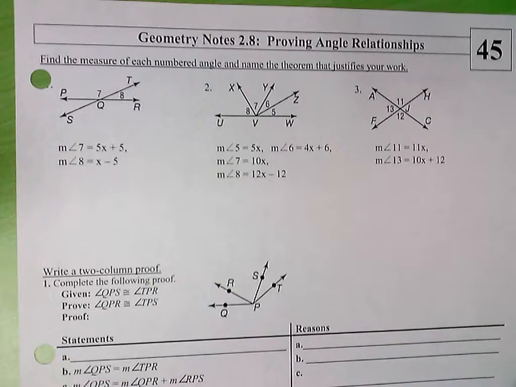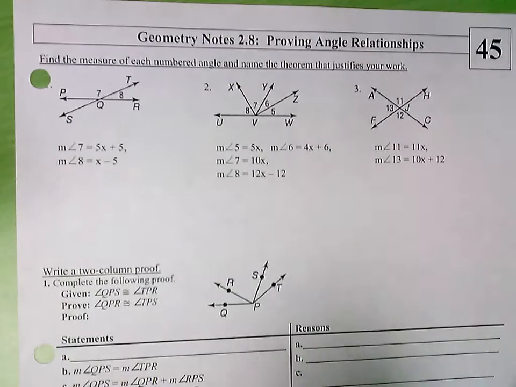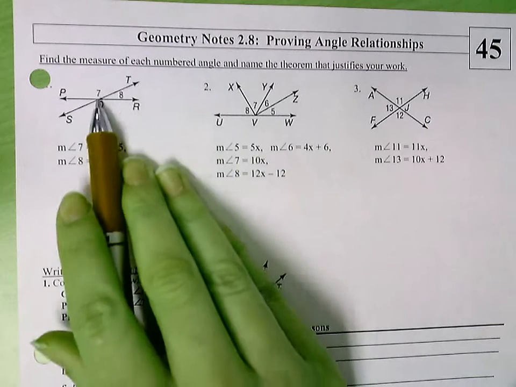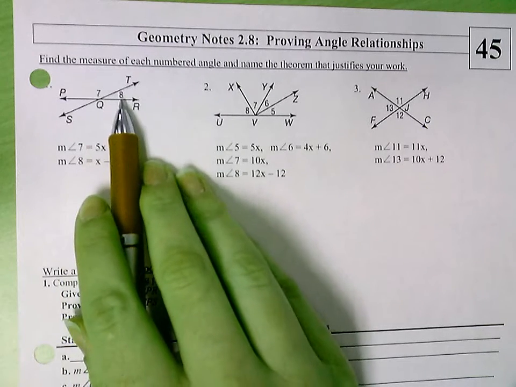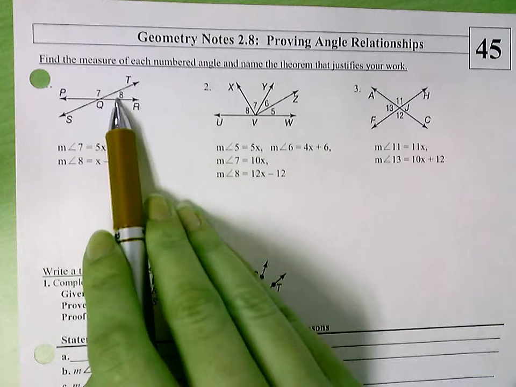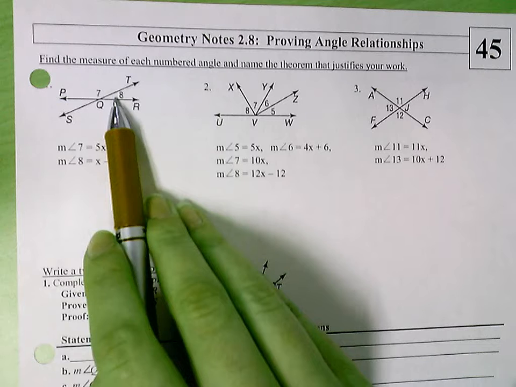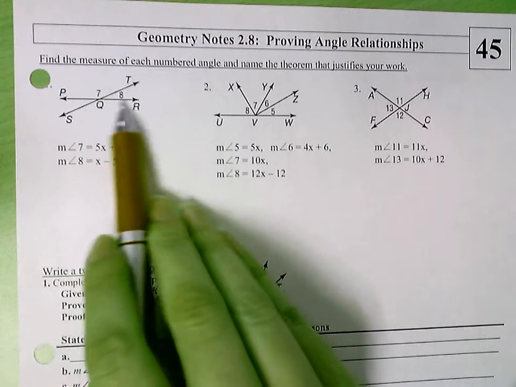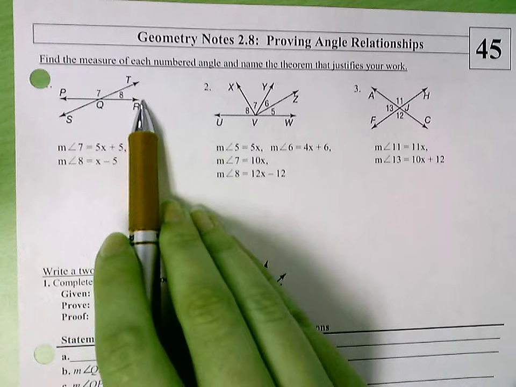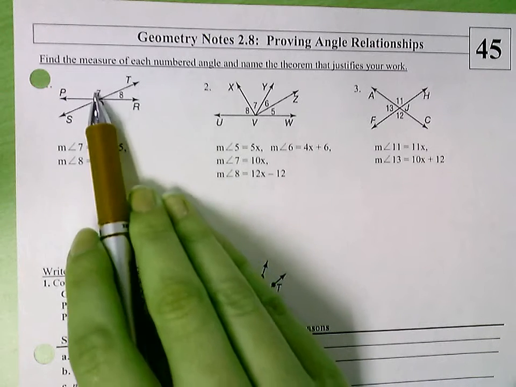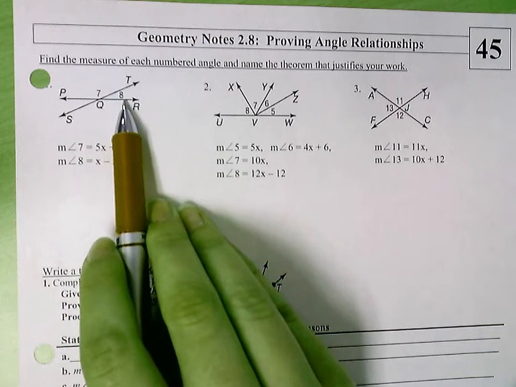In this first one, we want to find x and the measure of each angle. Those two angles make a line, together they make line PR. If two angles make up a line, then their measures have to add to 180.